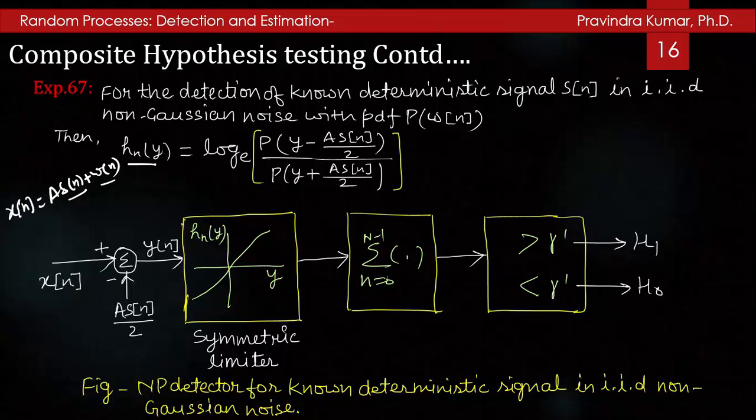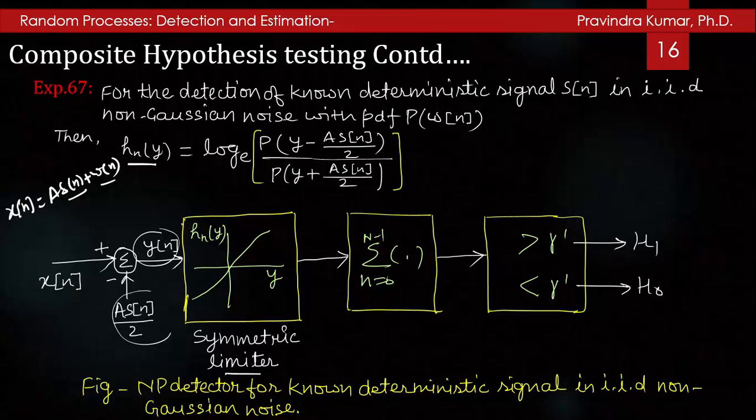First of all you have to measure y[n] plus A s[n] by 2, and then the symmetric limiter, here h(y[n]) means log e P(y minus A s[n] by 2) divided by P(y plus A s[n] by 2).